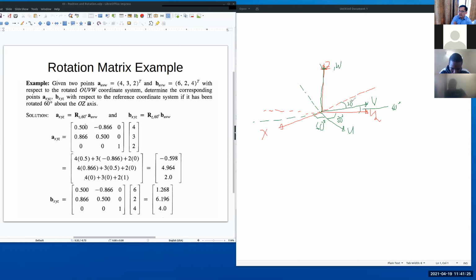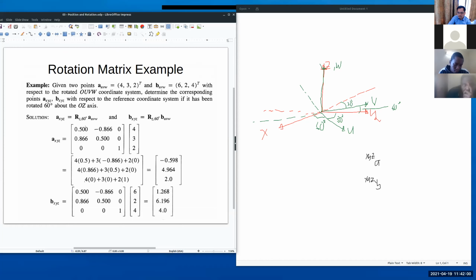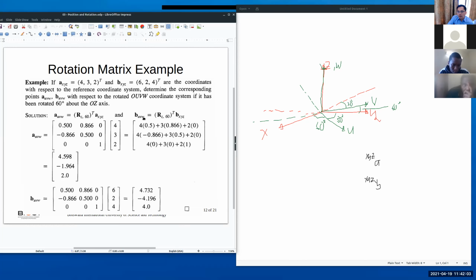So now we are saying that there's a vector A and B that are expressed in terms of the X, Y, and Z frame. So we have A in terms of X, Y, and Z, and you have another vector B in terms of X, Y, and Z. Now we used to multiply it with that rotation matrix.